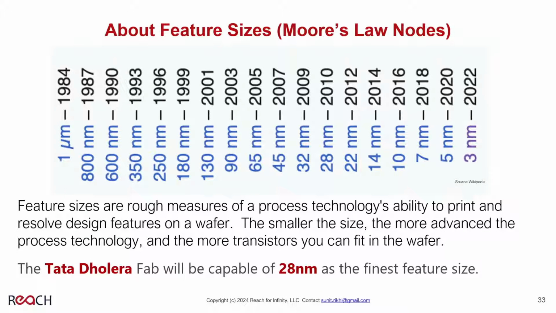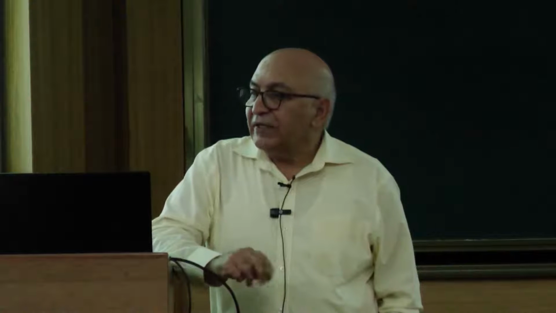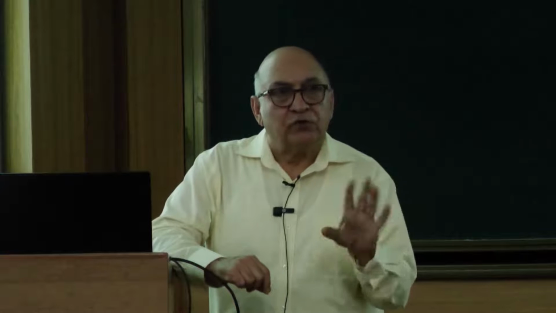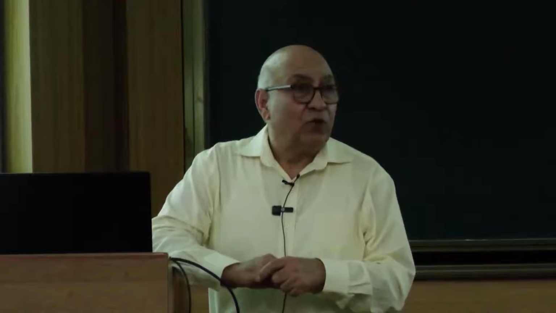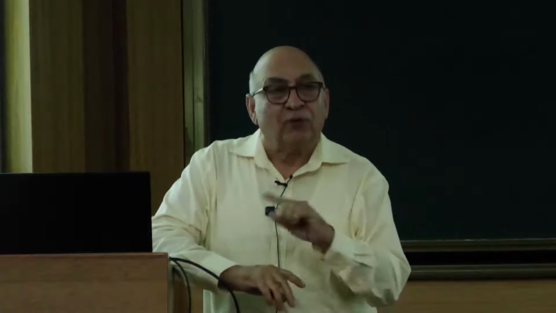So in the case of Tata, the finest feature size that they say they will be able to print using the technology that's coming from their partner PSMC, Power SMC, not TSMC, is 28 nanometer. 28 nanometer was introduced in production in 2010. So it's about a 14-year-old technology, quite popular, quite used for the kinds of applications that both Tower and Tata are bringing.